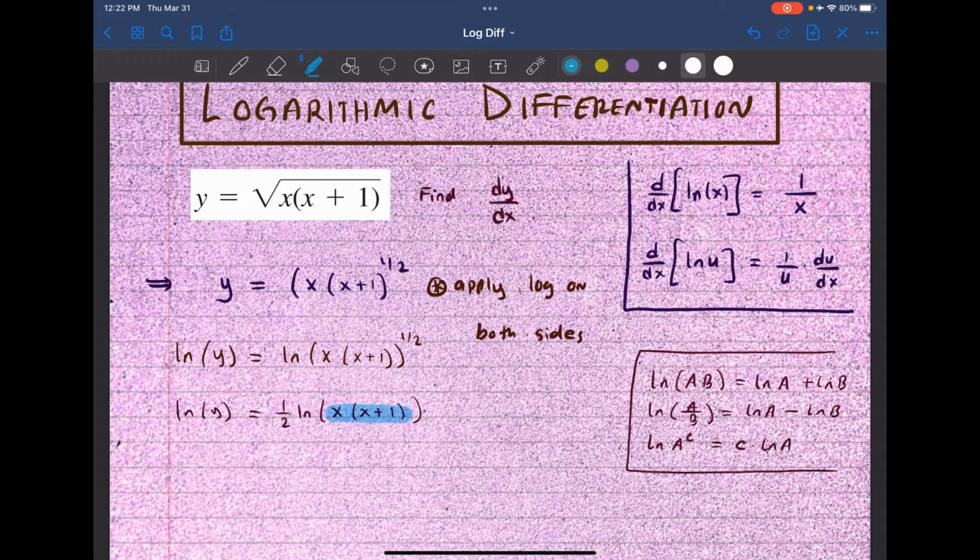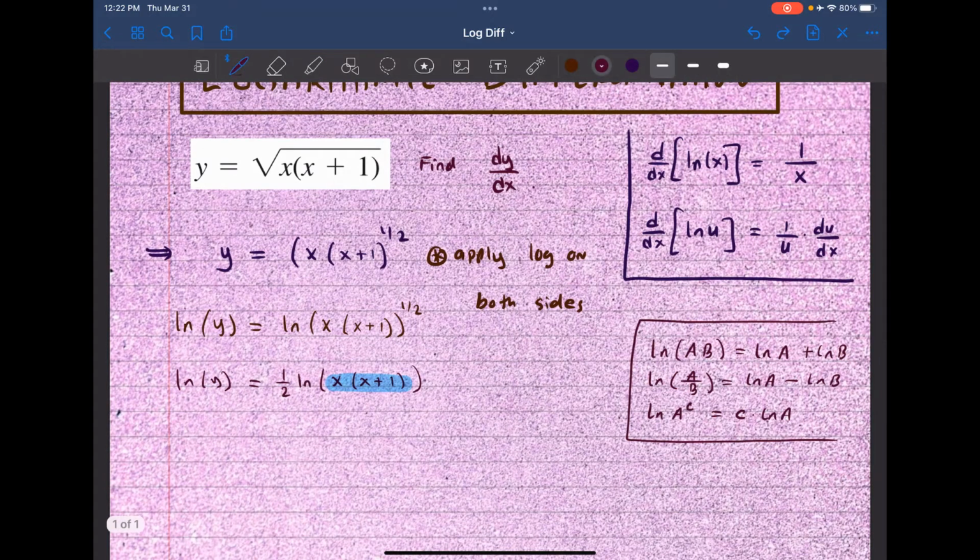Well, that looks like a product of two things, so you can use this rule right here to separate. Think of a as x and b as x plus 1. So it's 1/2 times, don't forget that, the 1/2 belongs to everything inside, ln of x plus ln of x plus 1. That's how it looks when you separate them.